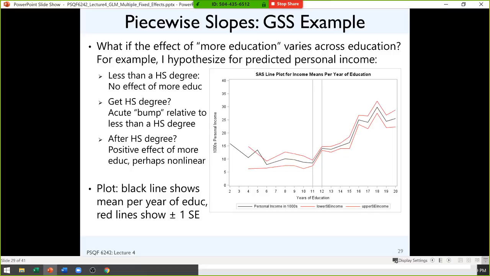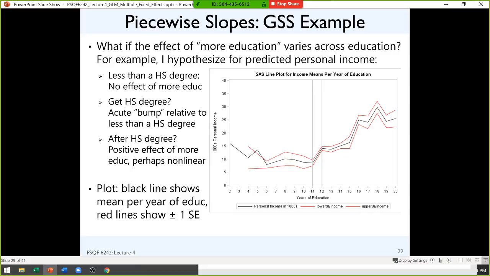Just to recall, this is the effect of education in years. I had hypothesized, based in part on the knowledge of what education means, as well as this observed plot of means, that there would be basically no effect of education up until you graduate high school. That's the magic point.